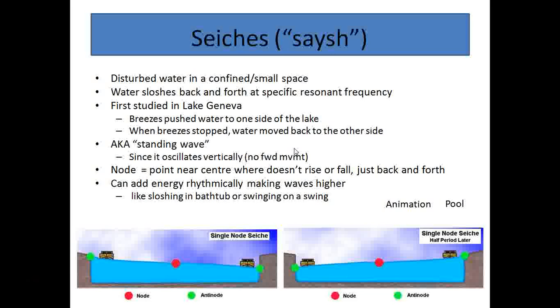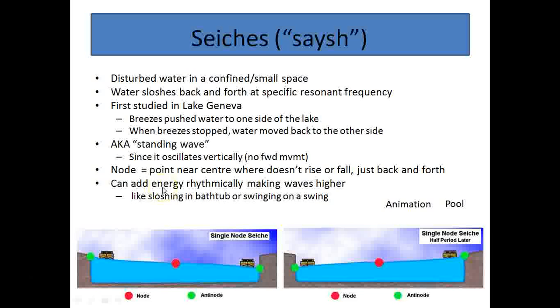Oftentimes they're called a standing wave because they oscillate, or in other words, they go up and down vertically. There's no real forward movement of the waves. The water rises on one end and then falls, and rises on the other end and then falls.